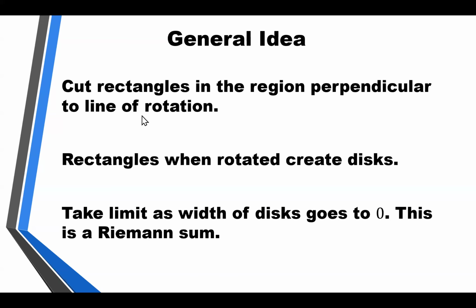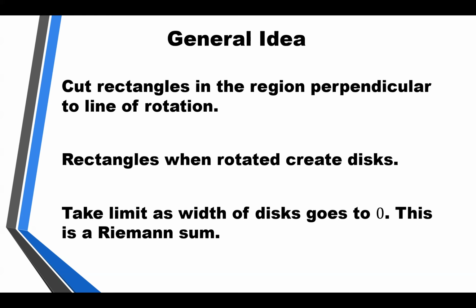So we basically cut the rectangles in the region that are perpendicular to the line of rotation. So we're going to approximate our area by using the rectangles from the standard Riemann sum.